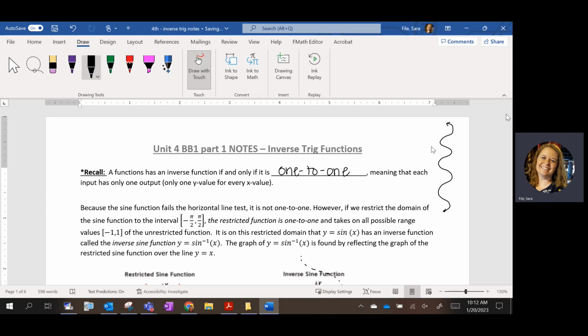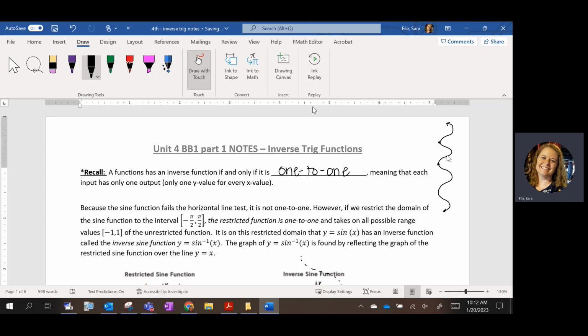So the inverse of sine and cosine isn't a function unless we restrict to just a certain piece of that function. Now, when we were graphing sine and cosine, we would focus on one cycle at a time, for instance from a maximum to another maximum, or a minimum to another minimum.